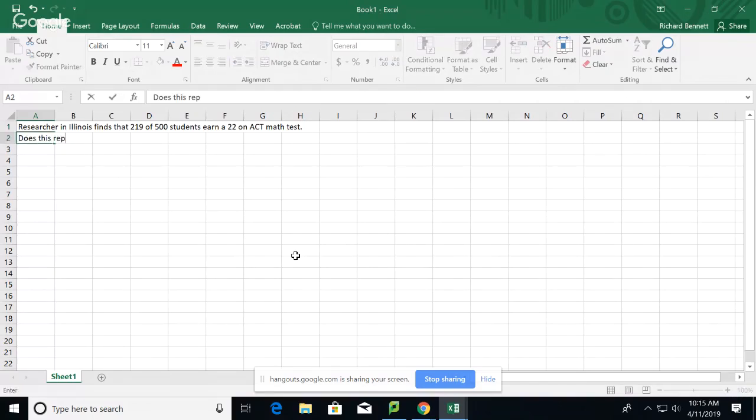Does this represent that less than half of students in Illinois are prepared for college math? Use alpha equal 0.05.